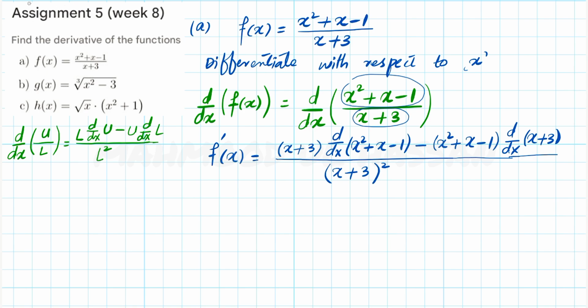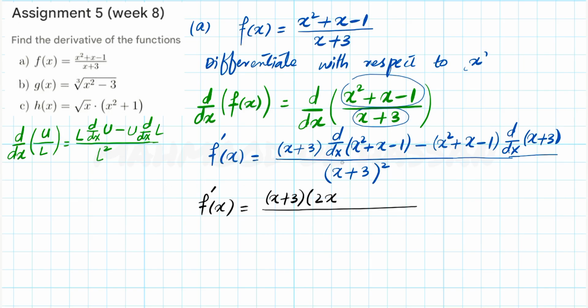Is it okay? So now here we have f prime of x equal to x plus 3 in the numerator as it is. Now we apply the sum rule here: the derivative of x squared plus the derivative of x and then the derivative of 1. The derivative of x squared is going to be 2x to the power 1. We put down the 2 and then x to the power 2 minus 1.